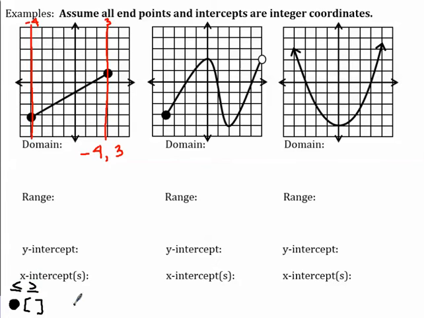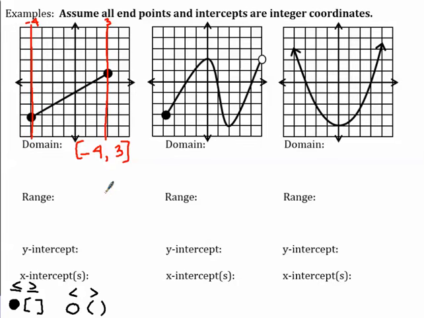If you have an open circle, you're going to use parentheses, and that is the same as having either less than or greater than. So, since both endpoints have closed circles, we're going to put brackets on both ends of our interval for the domain.